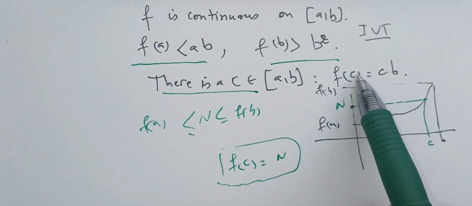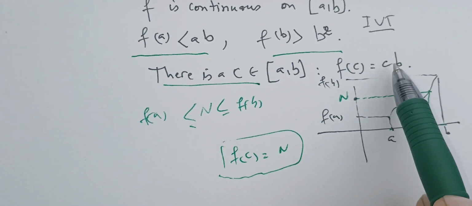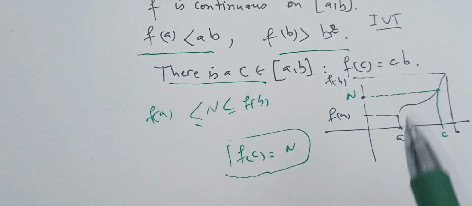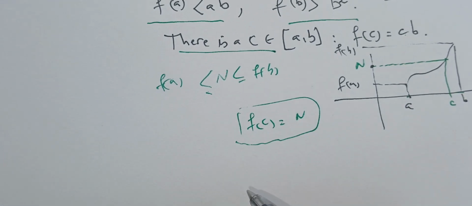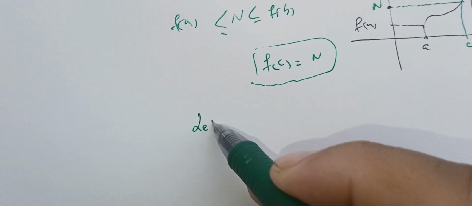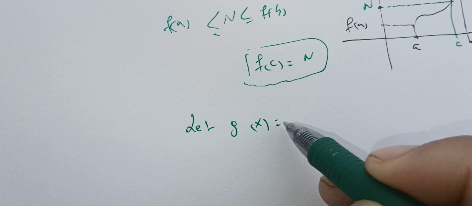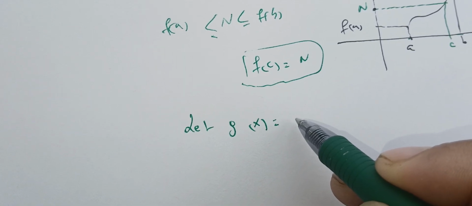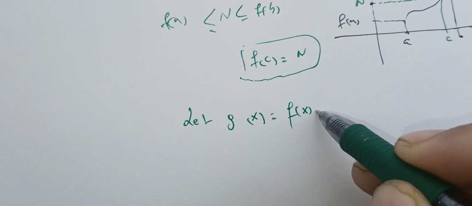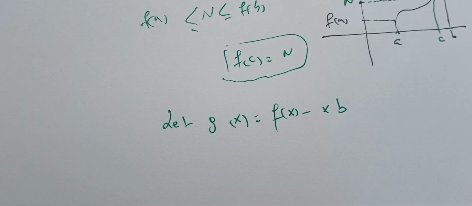So if we call this function f(x) = cb, and we use another function, so let g(x) be f(x) minus xb.